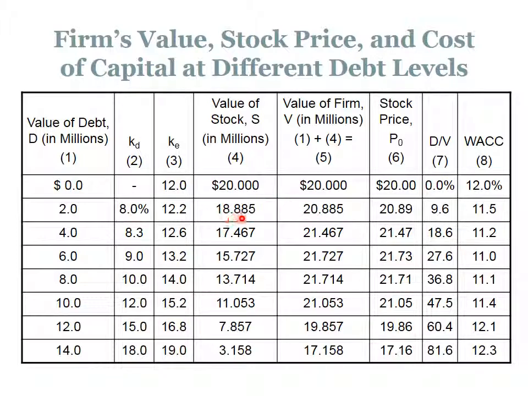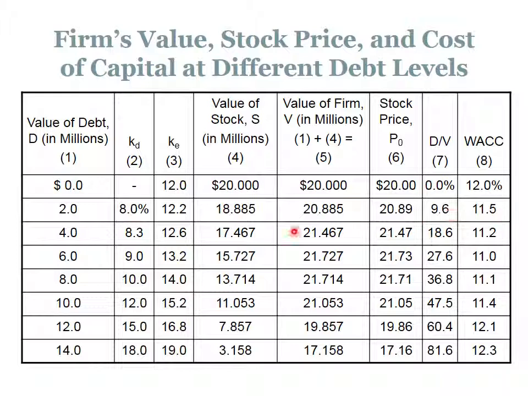So that's why this isn't just a flat 18 million. The stock price goes from $20 to $20.89 because you're using a cheaper source of financing to finance your assets. Your weighted average cost of capital is cheaper. Over here our weighted average cost of capital is now 11.5% if we hold some debt in our capital structure and less equity.